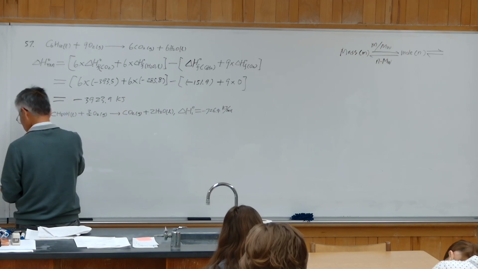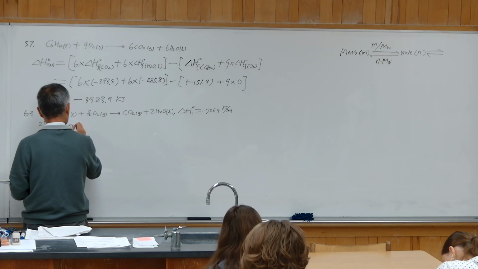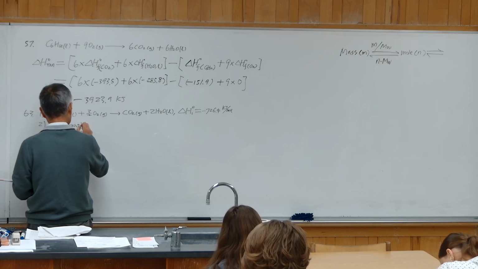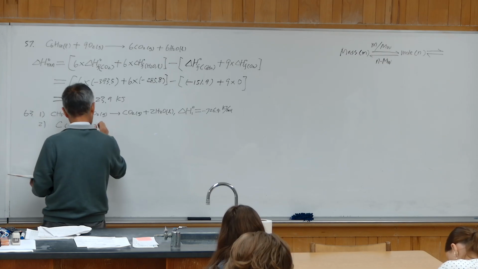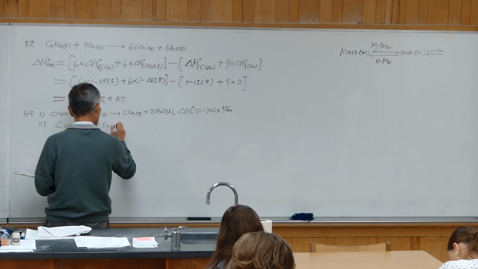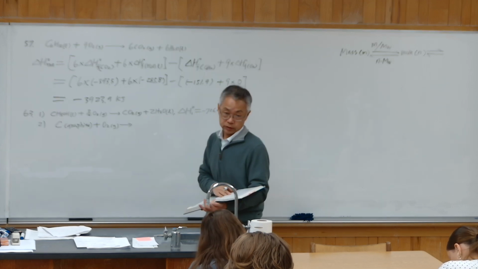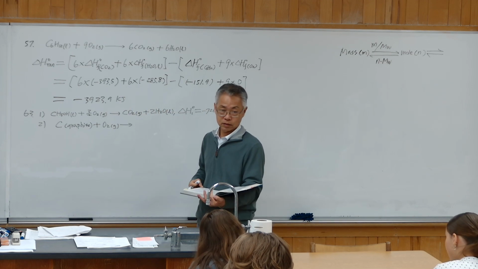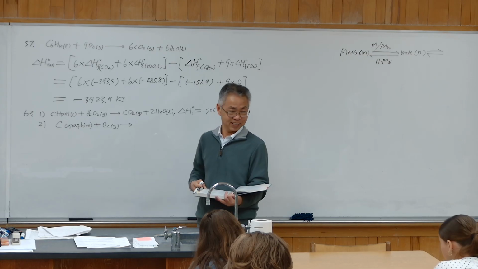Reaction 2: carbon, which is graphite. Carbon has two allotropes. The most popular is graphite. Another is, anybody remember?